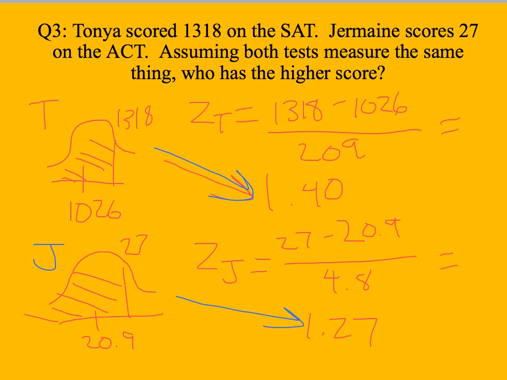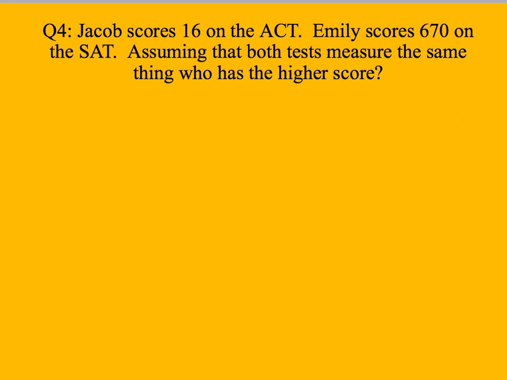Next, same kind of question, except Jacob scored 16 on the ACT, and Emily scored 670 on the SAT. I'm going to put Jacob's work here: 16 minus 20.9 over 4.8. That gives you about negative 0.83.